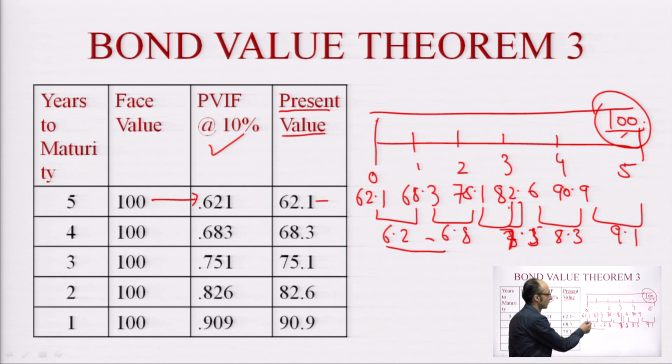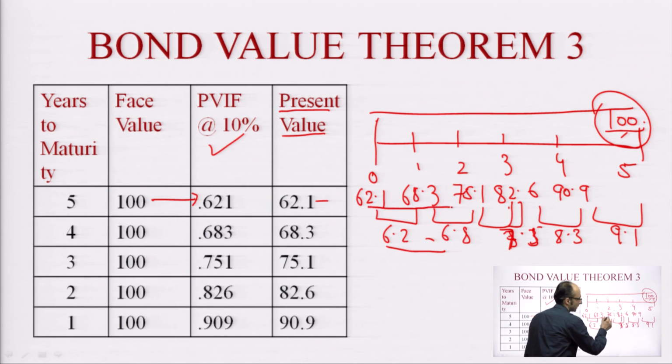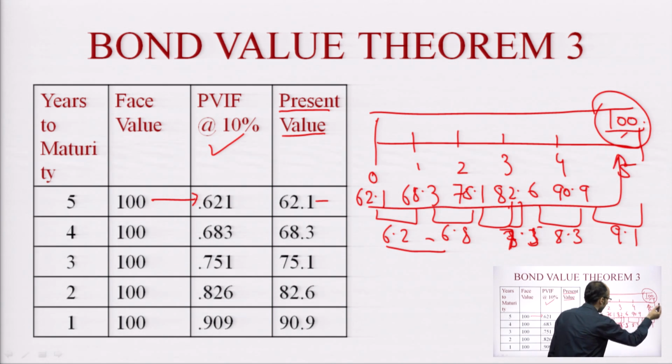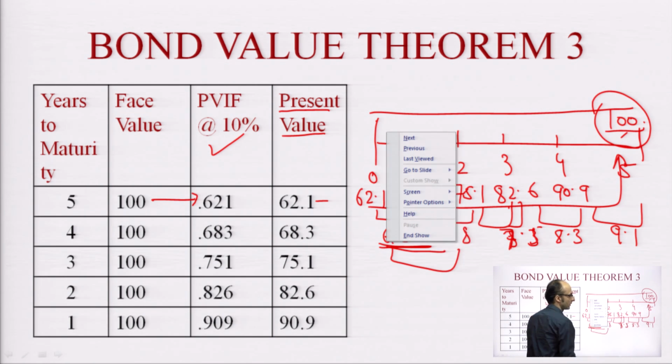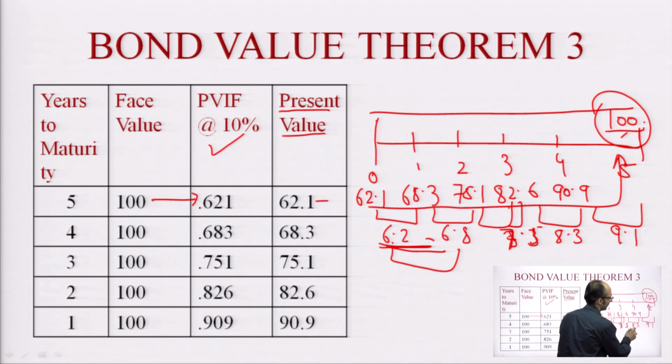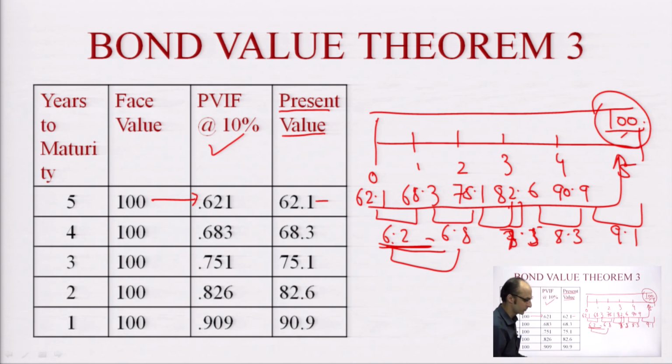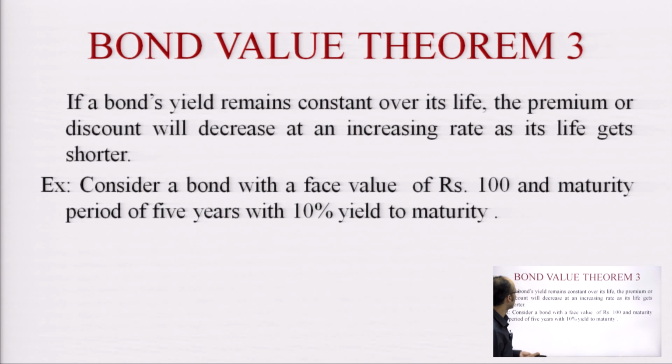These values increase and the discounts decrease as it approaches maturity, and this happens at an increasing rate. Here the difference is 6.2, then 6.8, 7.5, 8.3, and 9.1. So again this holds true that, as theorem 3 states, if a bond yield remains constant over its life, the premium or discount will decrease at an increasing rate as its life gets shorter.